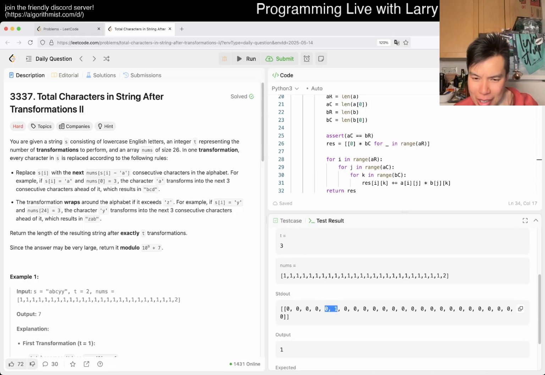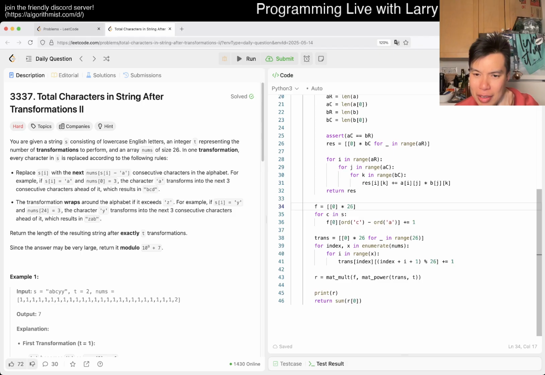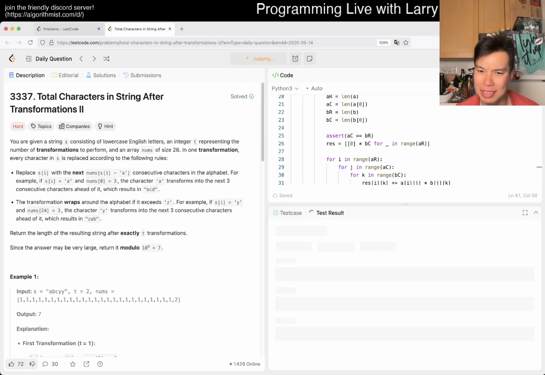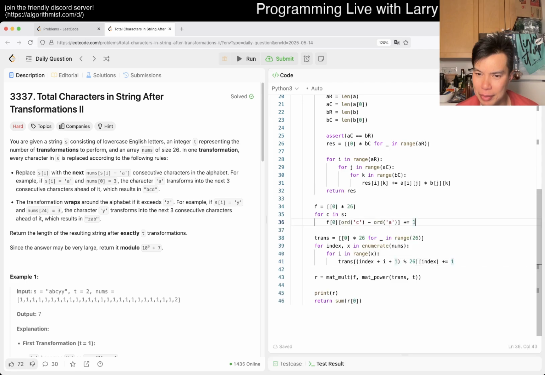Okay, so this looks kind of right, except for it doesn't make sense. Oh, did I do the transformation incorrectly? Maybe I did it incorrectly. I think actually technically that's wrong too. What I needed was... no, that's not right. Huh.